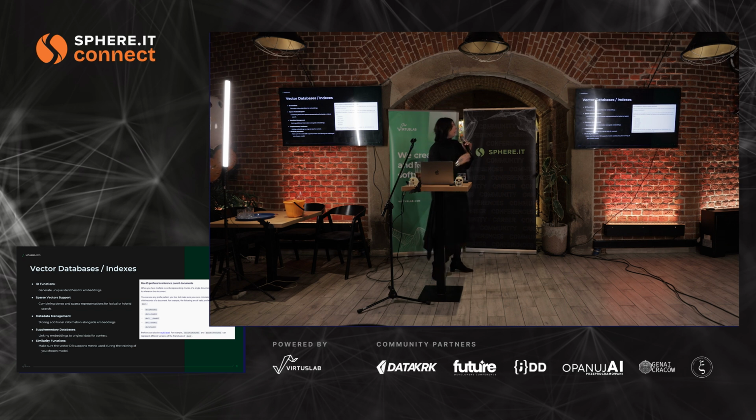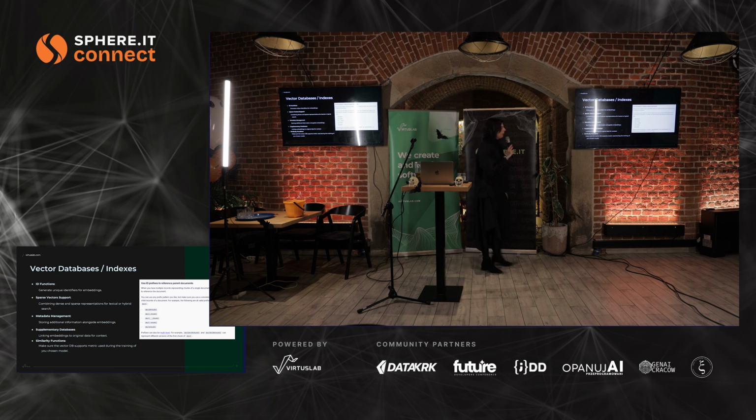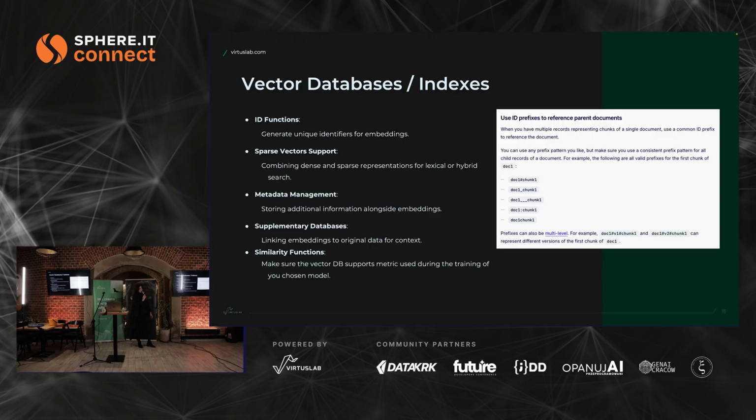Just a very quick note on vector databases. There are mistakes that can happen during creating indices in the vector databases that I learned the hard way.